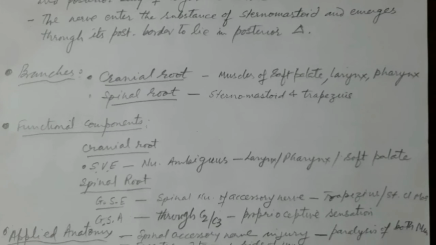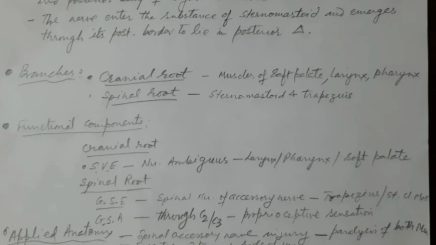Otherwise, in a nerve there would be mixed fibers, sensory as well as motor, but here the proprioceptive sensation from trapezius and sternocleidomastoid travels in the ventral rami of the second and third cervical nerves, the ventral ramus of spinal segments C2 and C3.